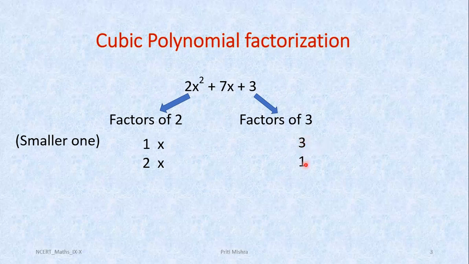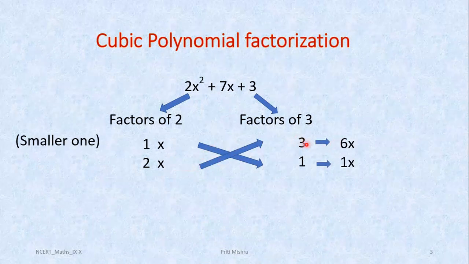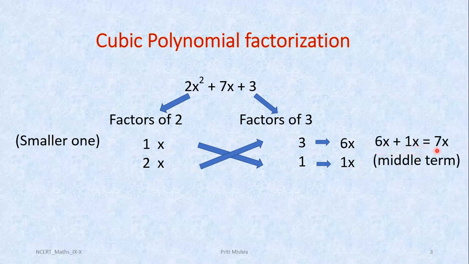If we write 1 and 3, then after multiplying 2 with 1, it gives 2x, and from here 1x, so we will not receive 7x. Here, after cross multiplication, 2x into 3 gives 6x, and 1x into 1 is 1x. After adding these two terms, 6x and 1x, we get 7x, which is the middle term of this polynomial. So we always have to check which factor we need to write at which place.